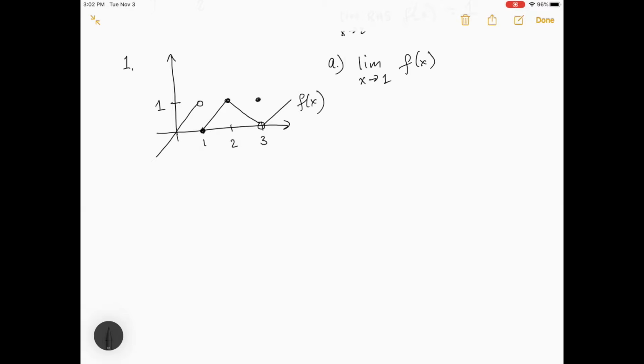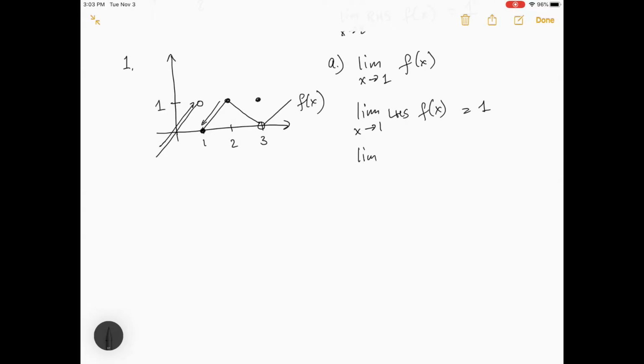And we can see that as we approach x equal to 1 from the left-hand side, we are approaching value 1. So the limit as x goes to 1 from the left-hand side of f of x is equal to 1. And looking at the right-hand side limit, we see that it approaches value 0.